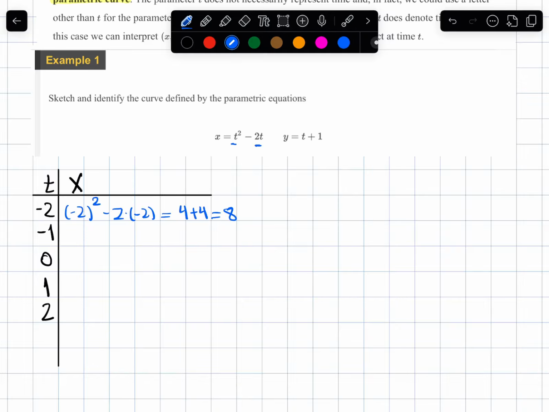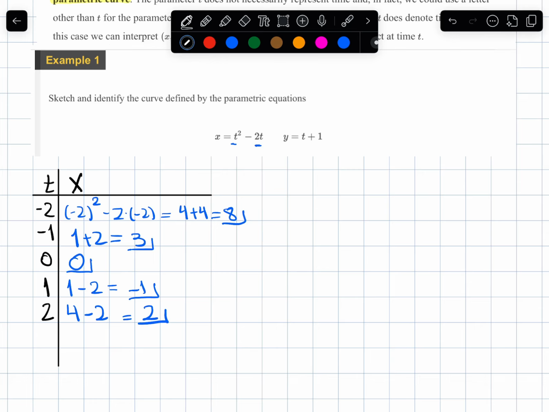And then when I plug in -1, this will be 1 plus 2, which will be 3. So there's the 8, there's the 3. And then when I plug in 0, x is going to be 0, because it's 0 squared minus 2 times 0. When I plug in 1, this will be 1 minus 2, which will be -1. When I plug in 2, this will be 4 minus 2, which will be 2.